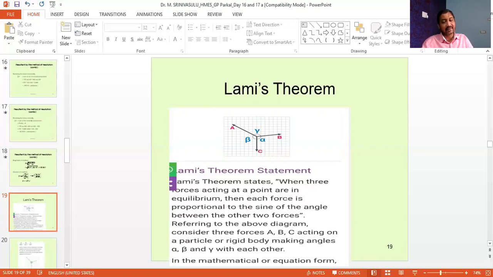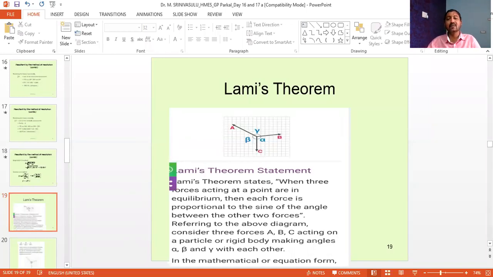And in that condition, we have a statement for this Lami's theorem. Lami's theorem states that when three forces are acting at a point and are in equilibrium, then each force is proportional to the sine of the angle between the other two forces. So this is the statement.